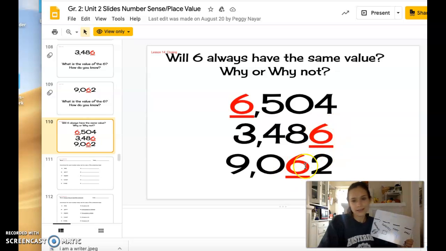The number 6 here is 60. Would you rather have 6,000 M&Ms or 6 M&Ms? There's a big difference, isn't there? If you would rather have 6,000 M&Ms, you and I have a connection. But the number 6 in these examples is different. The value is different because of the place value.